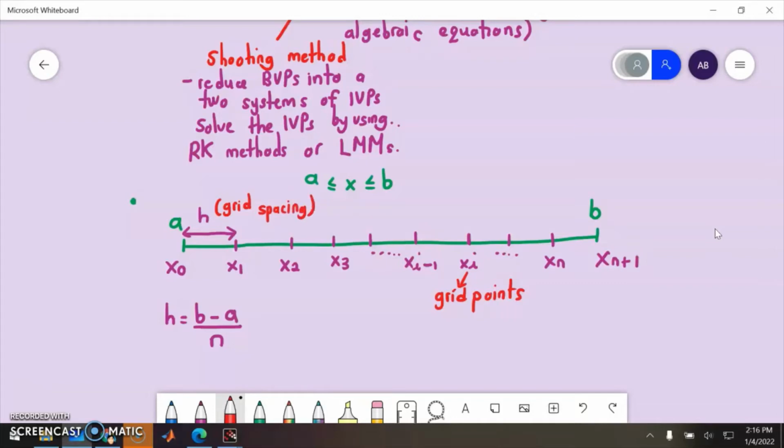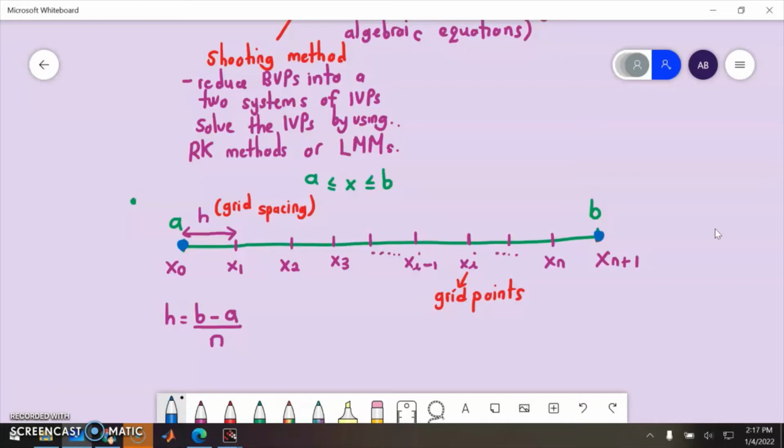What we have here, x0 and x(n+1), are the boundary points. You need to understand this. The first one and the last one, at A and B, are the boundary points, and the rest of them, x1, x2, up to xn, are the interior grid points.